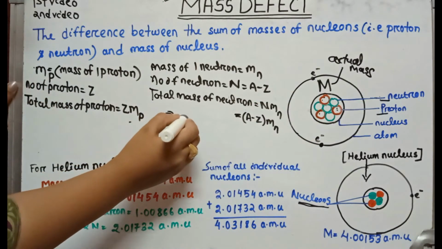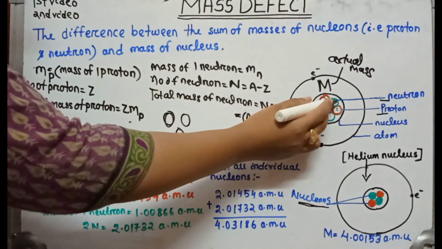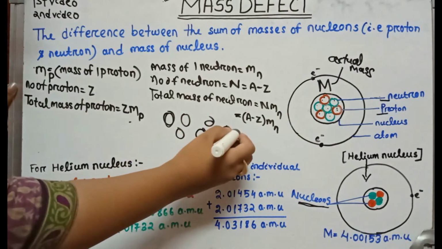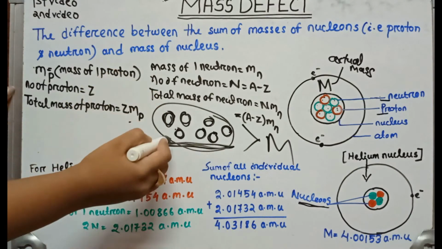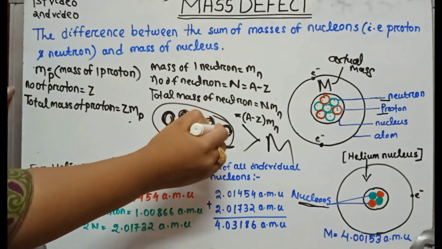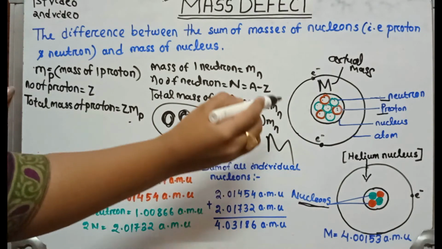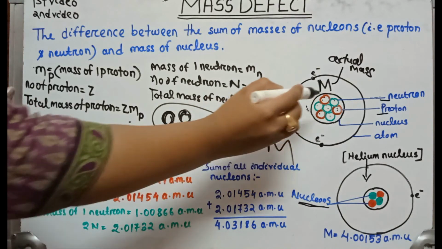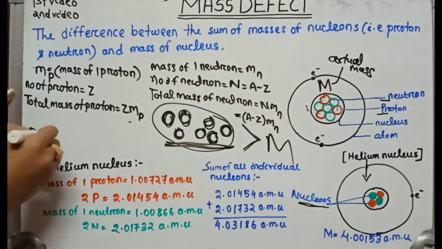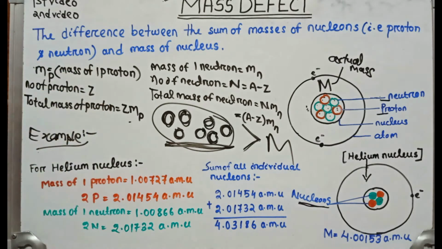If we take the mass of each individual proton and the mass of each individual neutron, 1, 2, 3, 4, and add them all, then the sum of the masses of the individual nucleons is greater than the mass of the actual nucleus. How is it possible? Just see with an example.